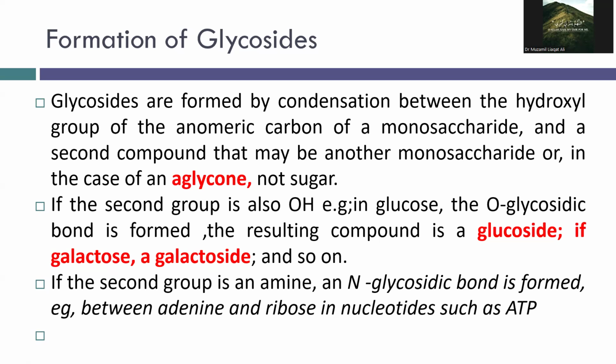When linked to an amino group, an N-glycosidic bond is formed, for example between adenine and ribose in nucleotides such as ATP. This reaction is the chemical basis for building all oligosaccharides, polysaccharides, glycoproteins, and many important drugs.